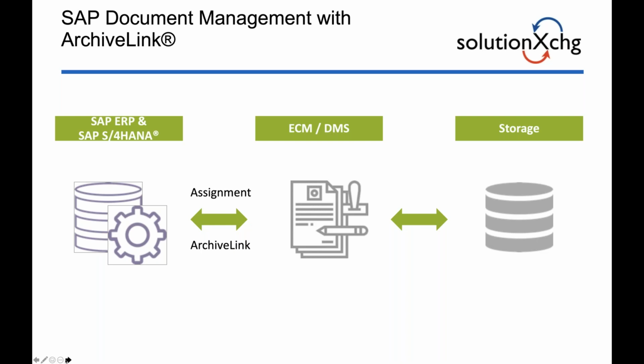These are assigned then through ArchiveLink to an ECM and DMS system, and behind that ECM and DMS system, there's again a storage system. Like I said, the same goes with data archiving as it goes with document archiving.